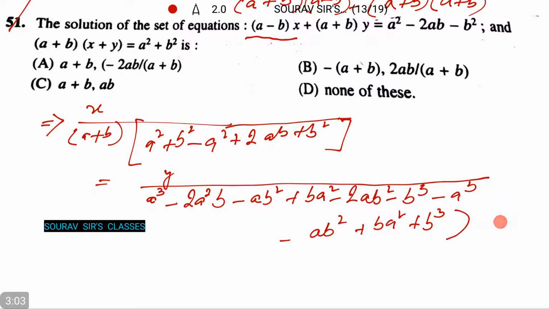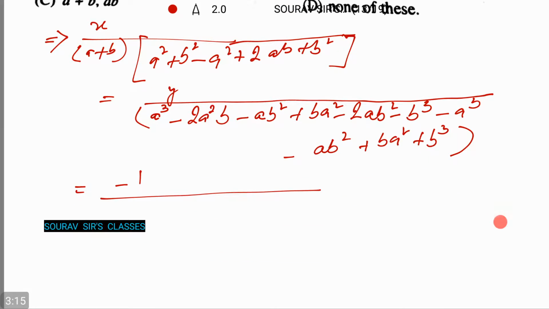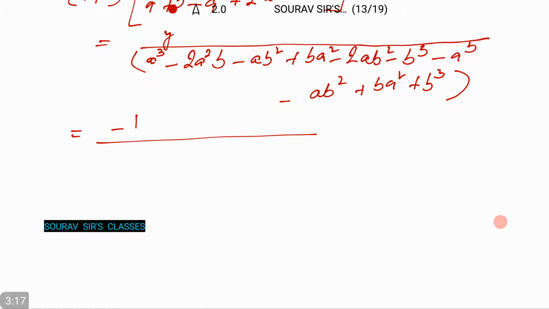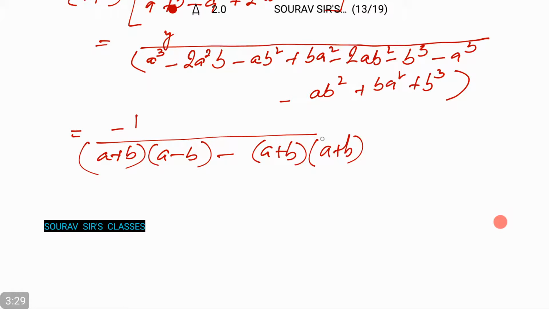Let's just put this under brackets to make sure this is in the denominator, and this is equal to minus 1 by, let's just drag this up, and that is (a plus b) into (a minus b) minus (a plus b) into (a plus b). Essentially (a plus b) whole square, but let's just write it this way.